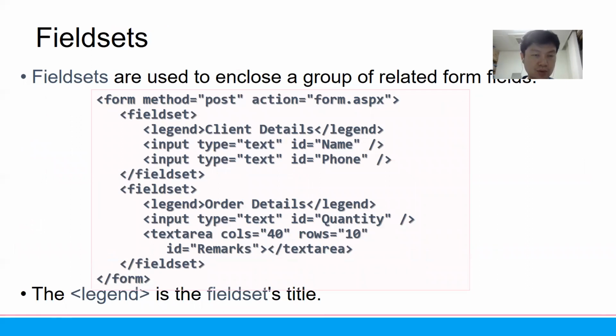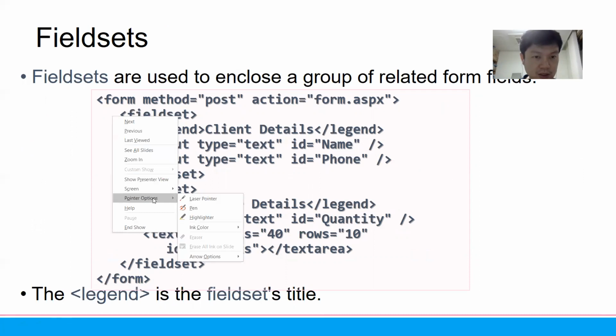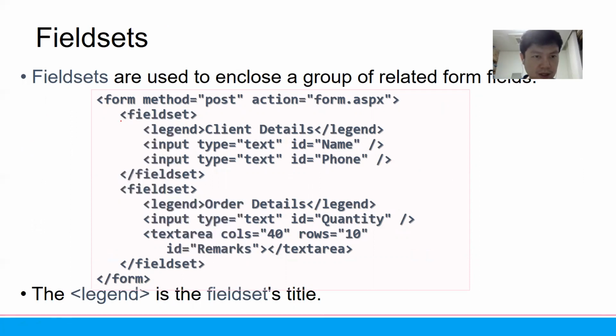You can also use the field set. The field set is a set of fields that you want to create in the form. Let's say you have a field set; here the field set is a set of inputs.